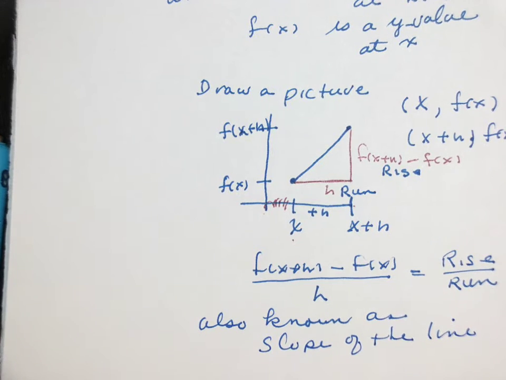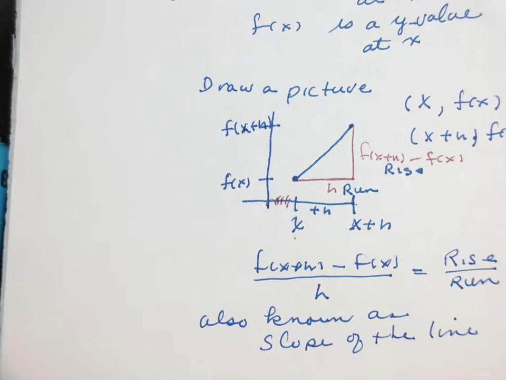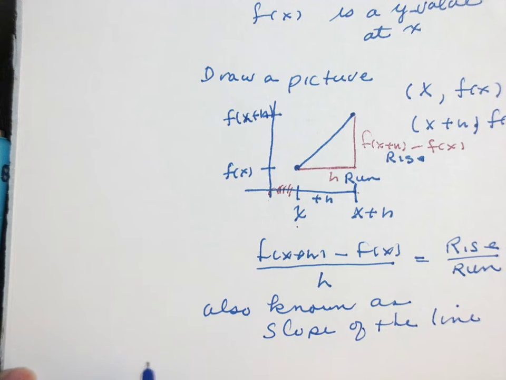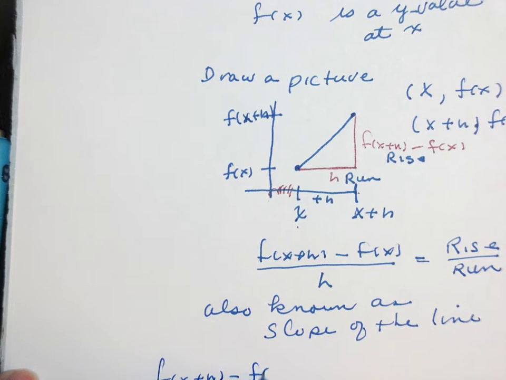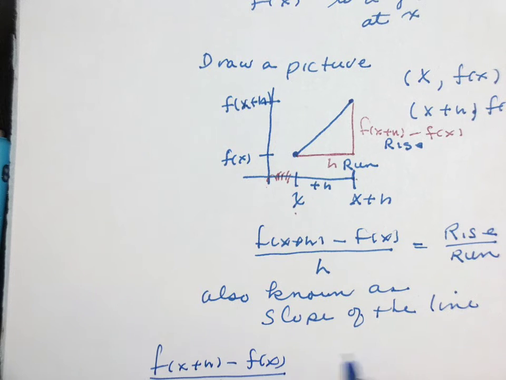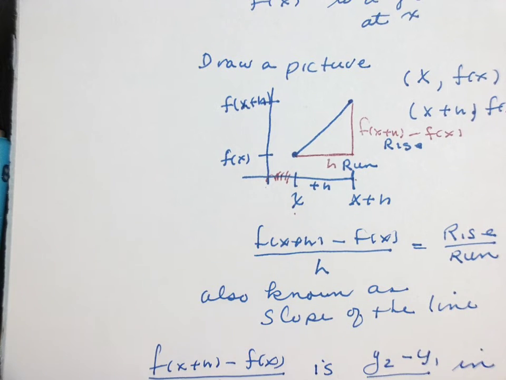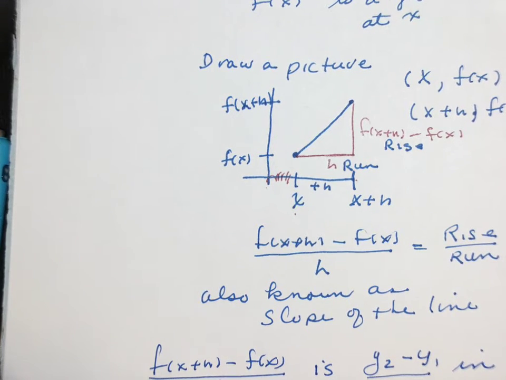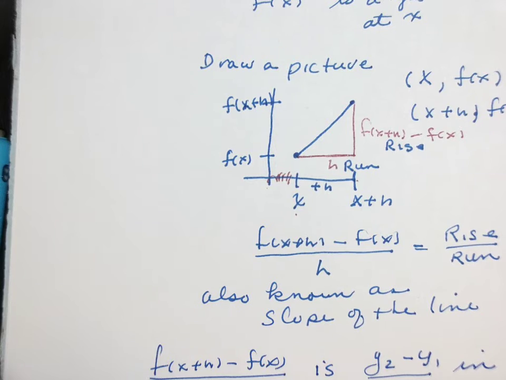So all the difference quotient is, is the slope of the line. So f of x plus h minus f of x over h is y2 minus y1 over x2 minus x1 in function notation.